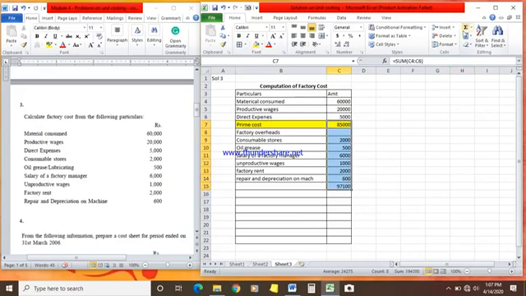So by adding the factory overheads to the prime cost, we get what is known as factory cost.